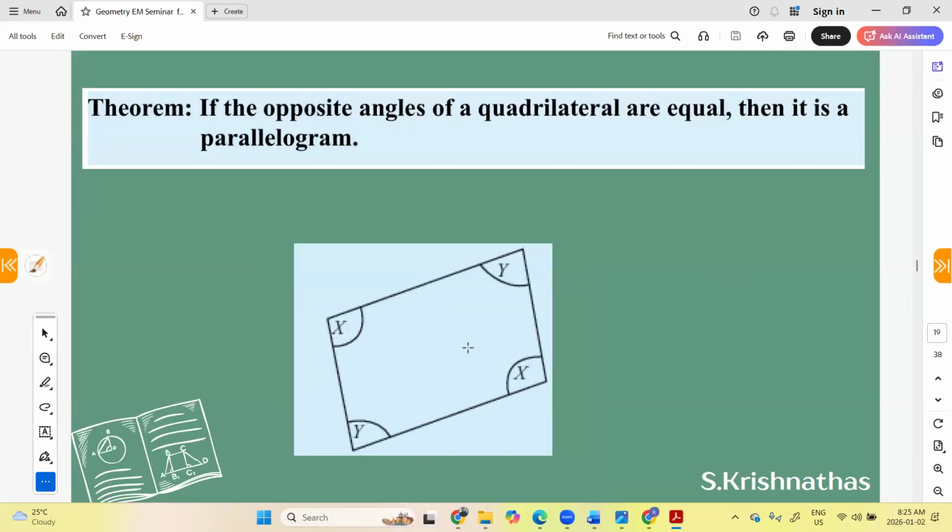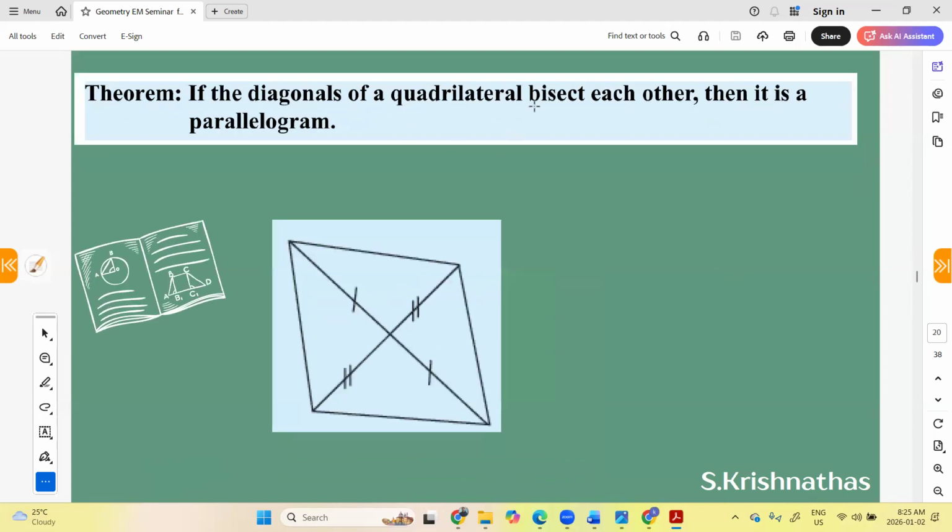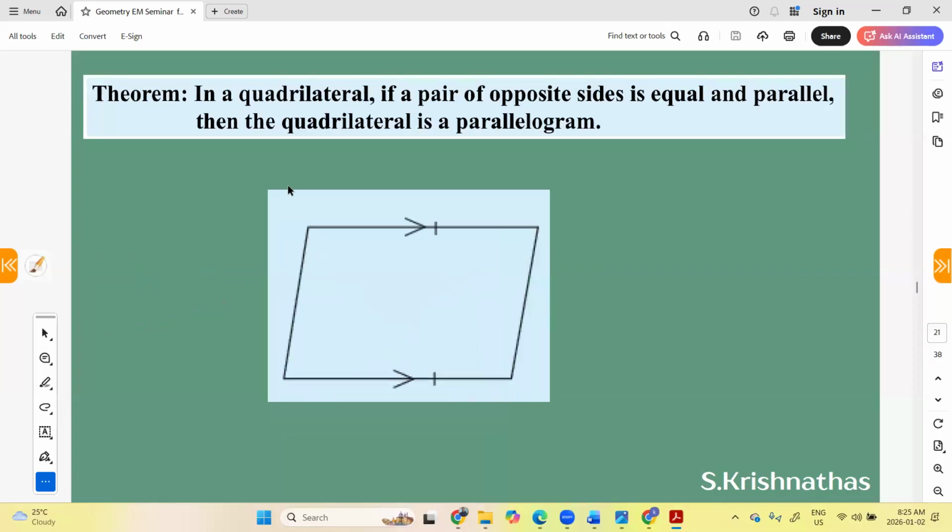In a quadrilateral, if diagonals bisect each other, it is a parallelogram. Very important: in a quadrilateral, if one pair of opposite sides is equal and parallel, it is a parallelogram.